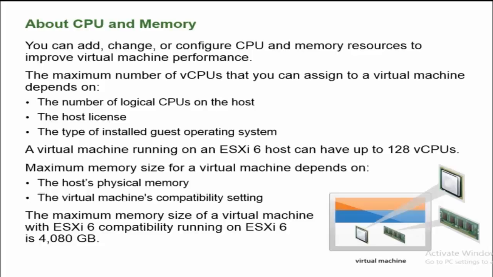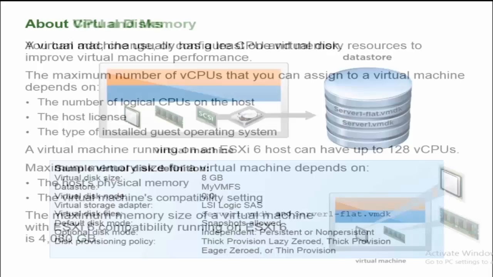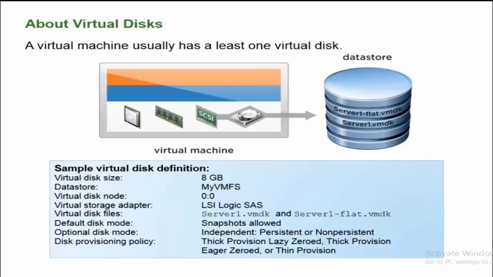Similarly for memory, you can have compatibility up to 4 TB, that means 4000 GB. It depends upon how much memory you have physically on the host, and the virtual machine's compatibility with the ESXi. If it is virtual machine hardware version 11, then you can have up to 4 TB of RAM.